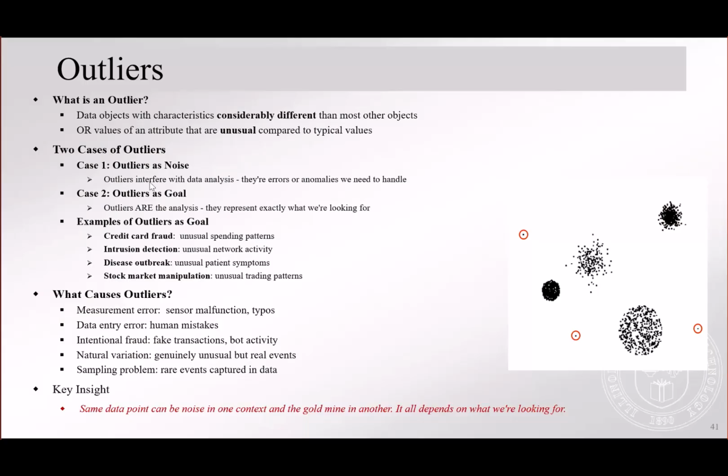Okay? The second case for the outlier is as a goal. Sometimes the outliers are what we are looking for. That's what I'm looking for. I'm looking for the outlier. They are not noise in this case. They are signal. Classic example: credit card fraud. The unusual $10,000 charge, that's exactly what we want to catch.